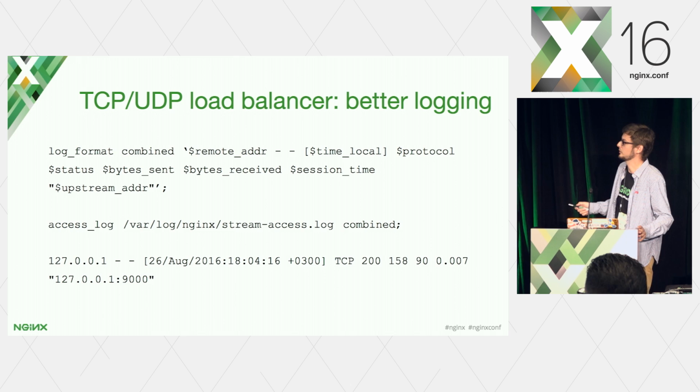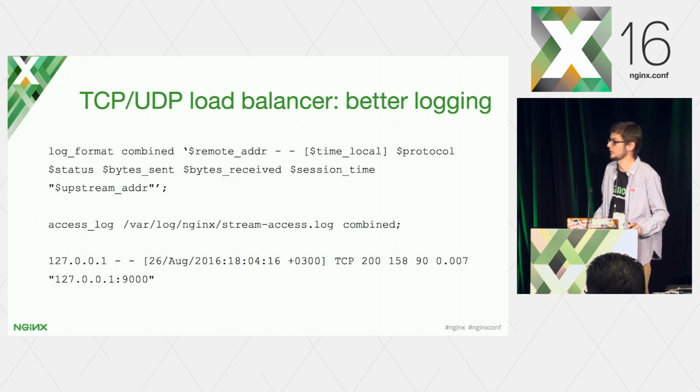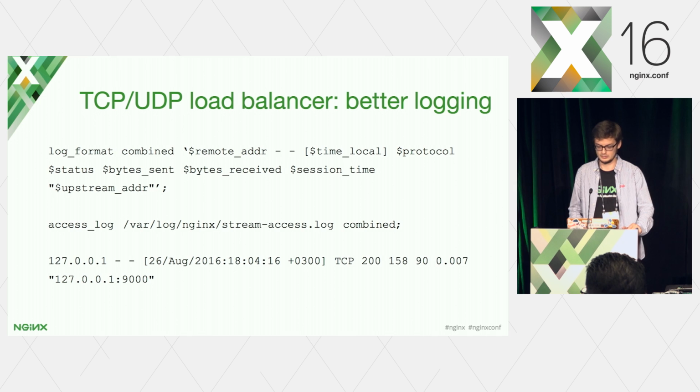We're logging the amount of bytes sent to the client, the amount of bytes received from the client, the overall time it took for the session to go, and an upstream address, the IP address and the port of the backend the connection was served by. But of course, you can define whatever log format you would want and reuse any variables that are available in nginx.